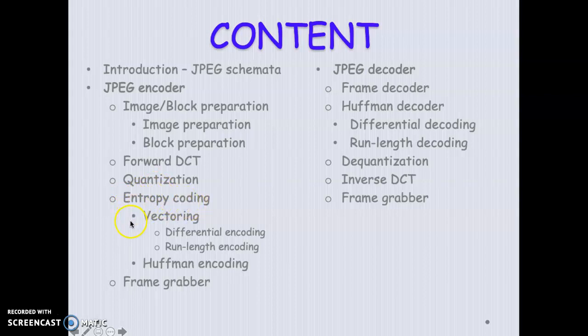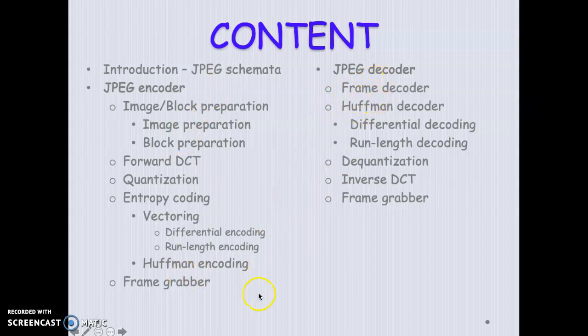Entropy coding you will divide into two. One is the vectoring and the other one is the Huffman coding. Once you complete the entropy coding, you will prepare it in a frame grabber. After you encode, you will do the decoder.